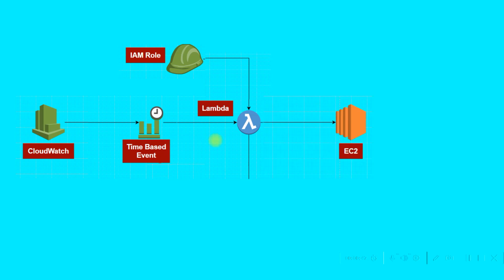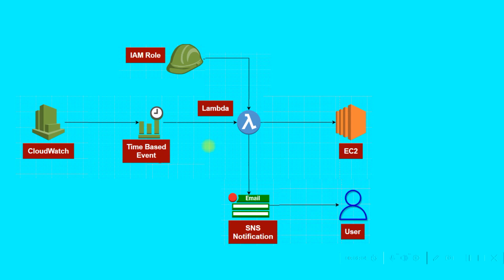This Lambda function will auto start or auto stop EC2 based on a particular time schedule, and also this Lambda function will be sending one SNS notification, which will send an email to the respective user. So let's jump into our lab for today.